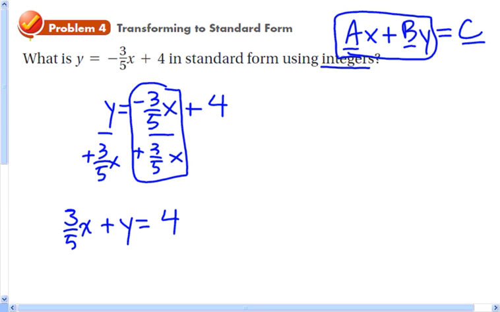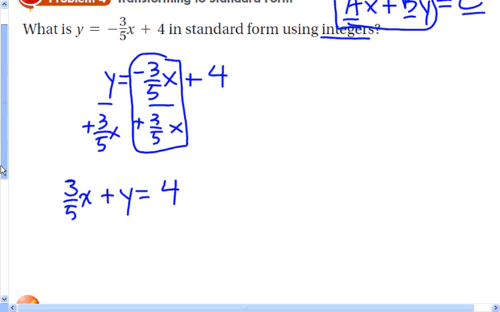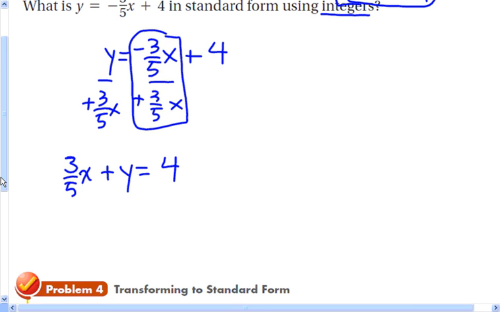Now it's in this form, ax plus by. A in this case is 3/5, b is 1y, and c is 4. The problem is we wanted it in integers, so we want to do something to get rid of this 5 there. An integer is not a fraction.